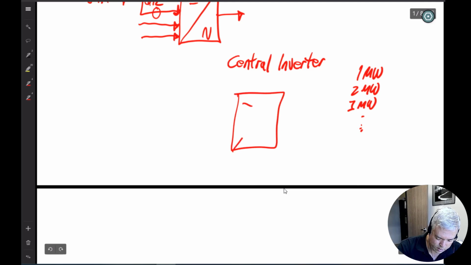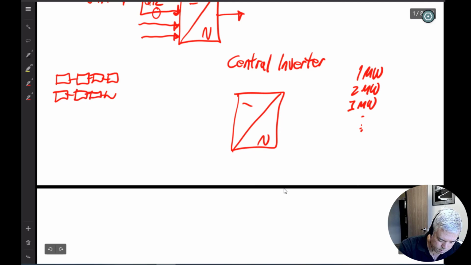So they are central, and you can have your strings out here. I'm only going to draw 2. And through a fuse or something, you bring them into a DC combiner panel.